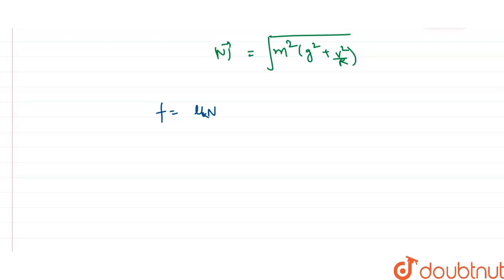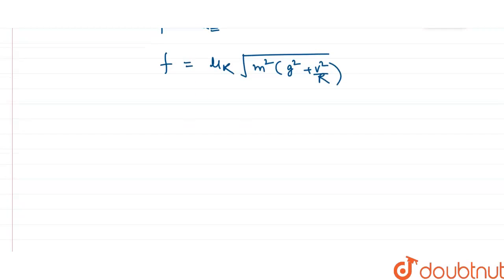Putting the value of n, f equals mu k times m times the root of g square plus (v square upon r) square.